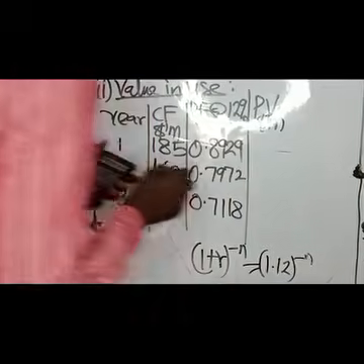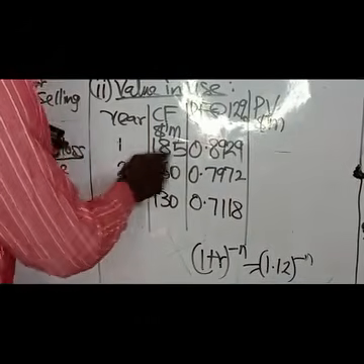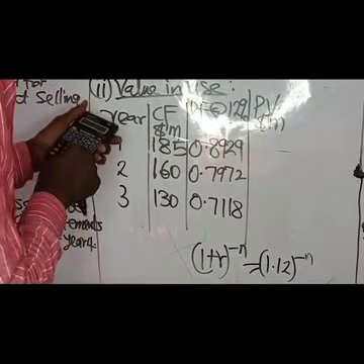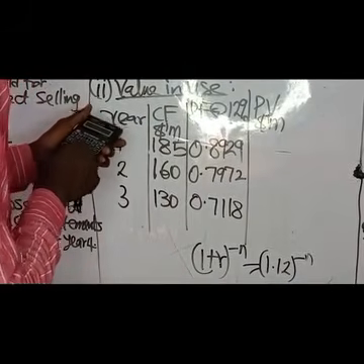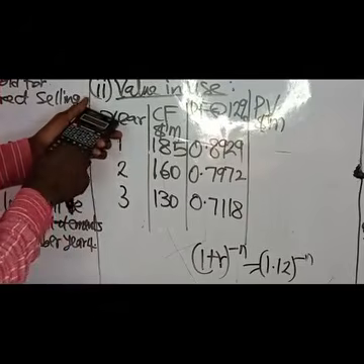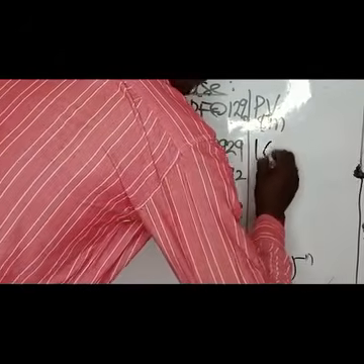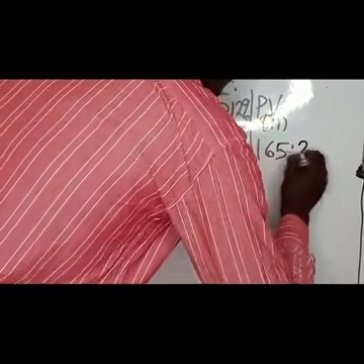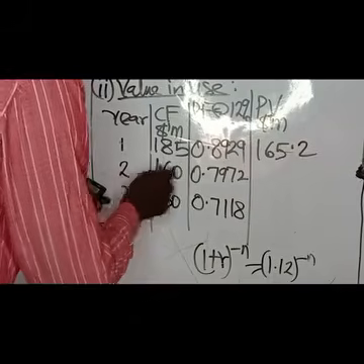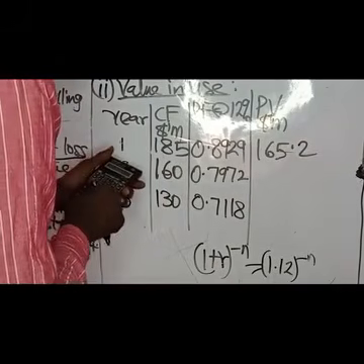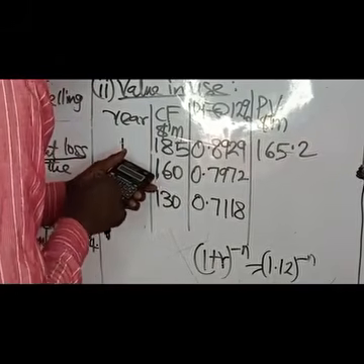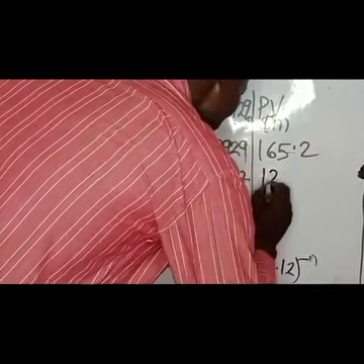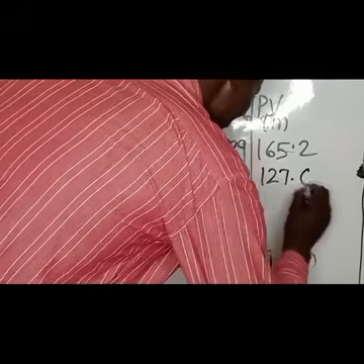What is the present value of that amount in million? You multiply the cash flows by the discount factor. 185 times 0.8929. The present value of that is 165.2. Then 160 times 0.7972 gives us 127.6.